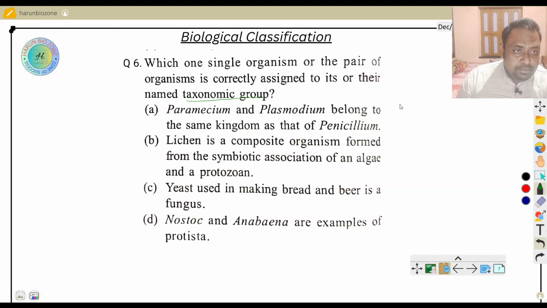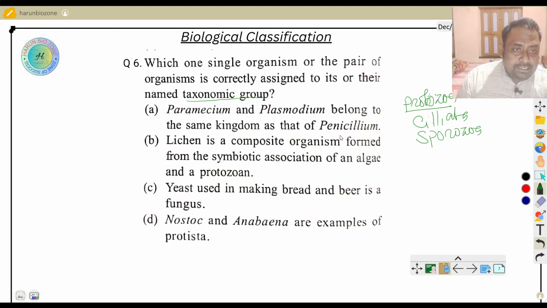Both belong to Protista, Protozoa. But Paramecium belongs to Ciliata, and Plasmodium belongs to Sporozoa. In Plasmodium there is no locomotory organ, but in Paramecium there is a locomotory organ.